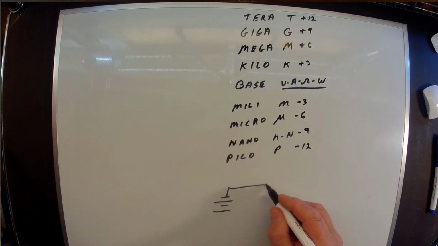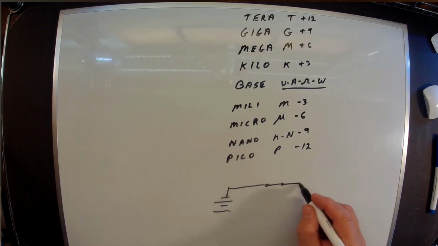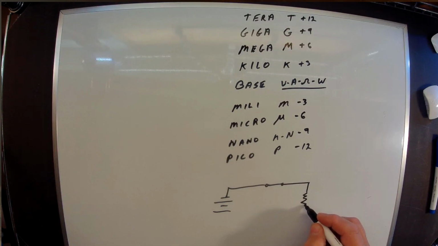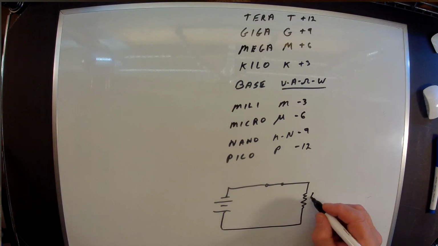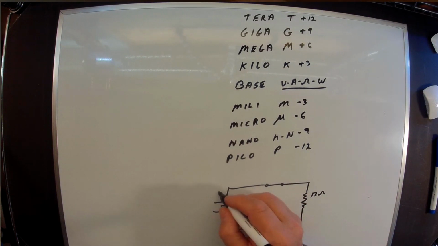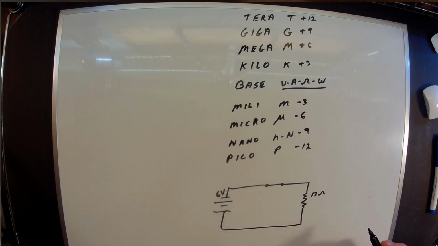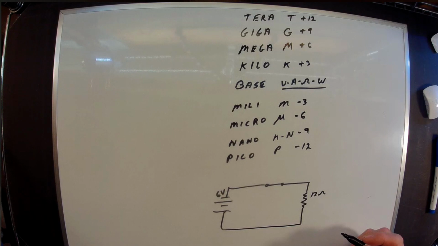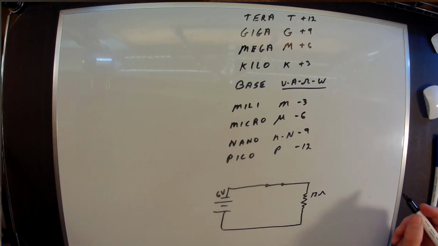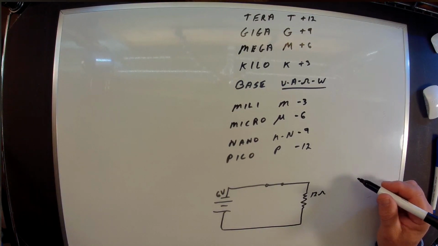It's kind of like we did before with a resistor. Say we got a 12 ohm resistor, and we have a 6 volt circuit. Just do a simple one to start with. We need to know what's the current.